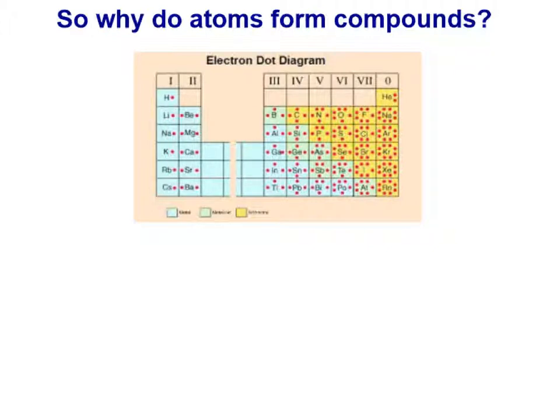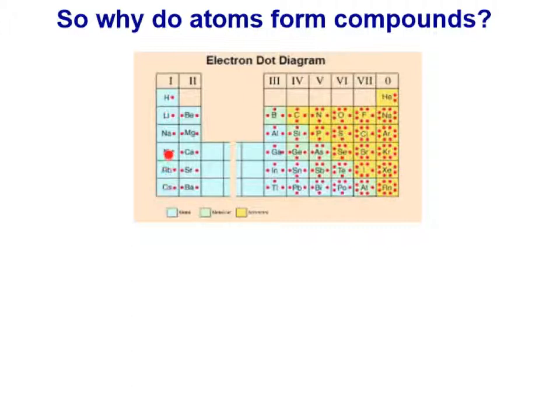On the other hand, we have elements like hydrogen that would love to just have the same full shell as helium. It oftentimes gains an electron or loses an electron, either one, depending on what it's reacting with.